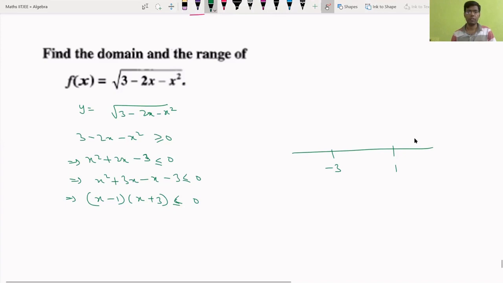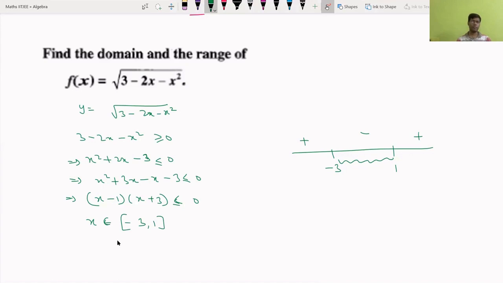So first we put a plus sign here, and then because the degree is odd, we put a minus, and again the degree is odd, we put a plus. So we need this particular expression to be less than or equal to 0. That means it has to lie in this interval. So my x should belong to [−3, 1], closed. So this will be my domain.